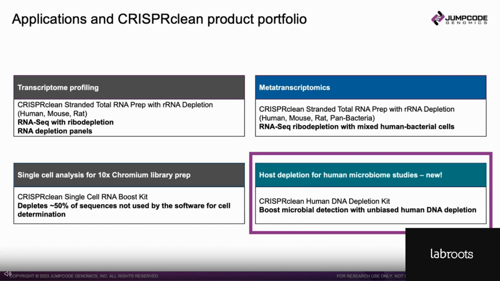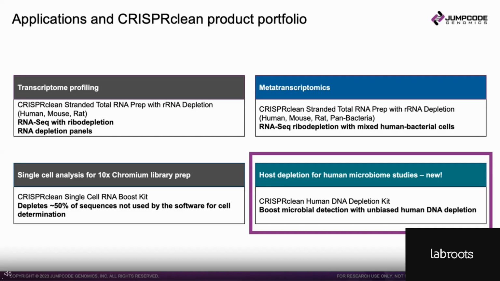Another product that we have is the CRISPRclean single-cell RNA boost kit, which is used in removing about 50% of sequences not used in cell type identification by single-cell determination software. This product is developed to enhance determination of single-cell population in 10x Chromium library prep.